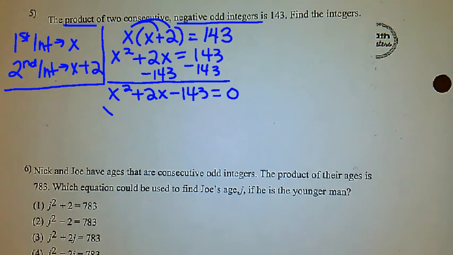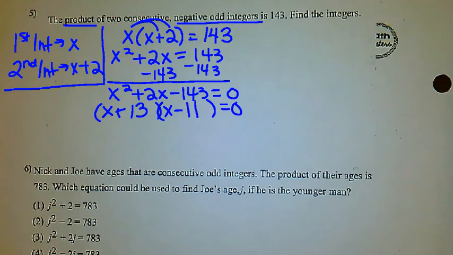Alright, I'm going to have to think about this one. One positive, one negative. We'll do 36, nope, 13 and 11.